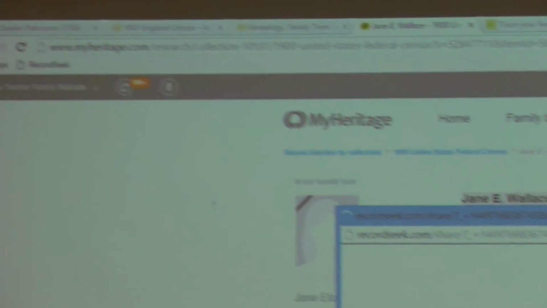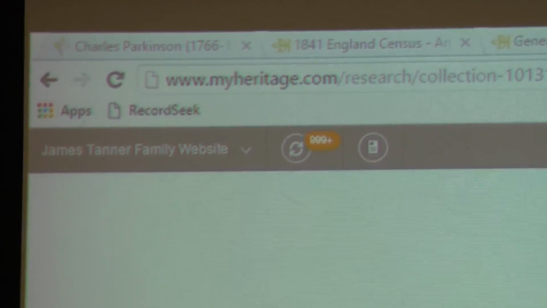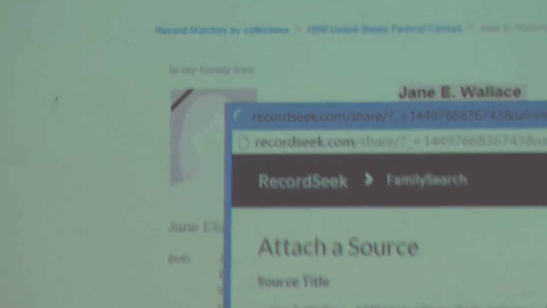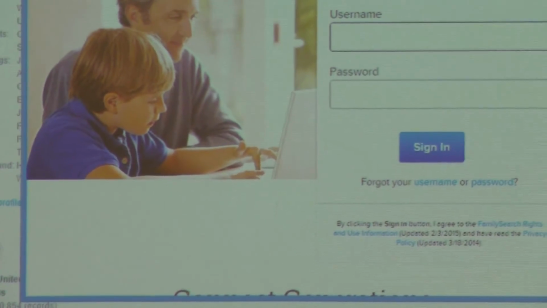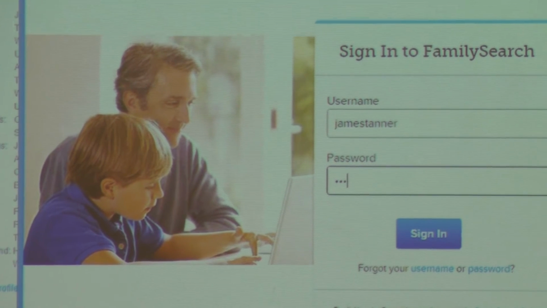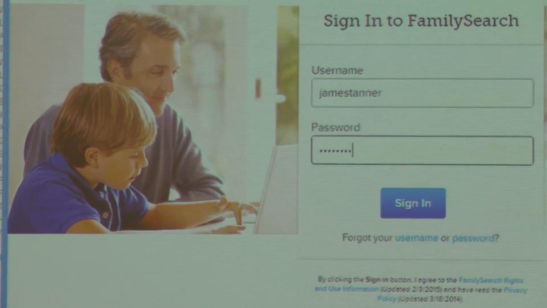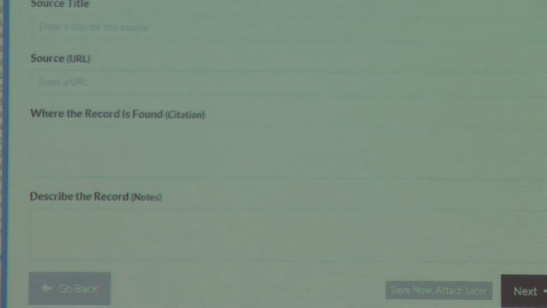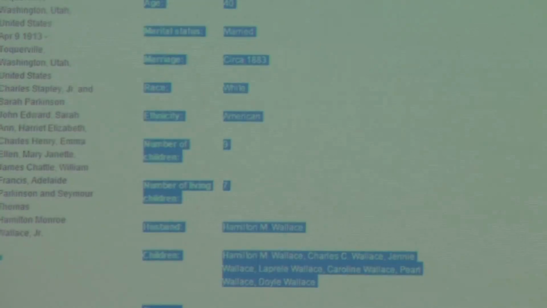So now I'm going to click on the RecordSeek. I have two choices. I can go to FamilySearch or Ancestry. It's going to have me sign in to FamilySearch again. And then I may have to recopy it all, so I have to get out of it and redo it again.